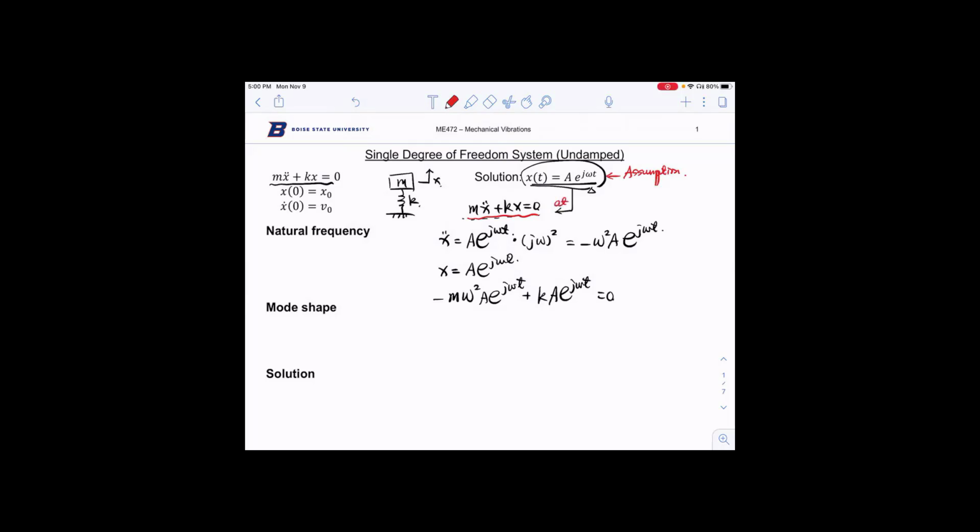So at any time t, your ODE is true. Otherwise, it violates Newton's second law. So this equation is true for any time. To satisfy this condition, we have to make sure this is true.